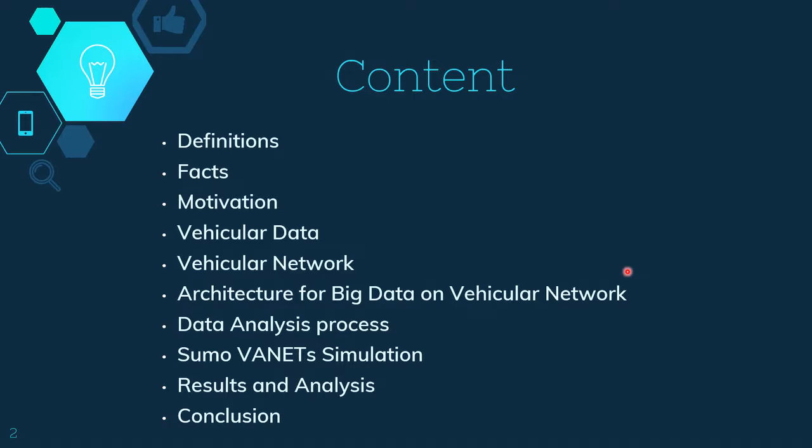We're going to talk about the different types of vehicular data, what a vehicular network is, and then the architecture for how big data can influence vehicular networks. Then Santiago will be talking about the data analysis process, VANET simulations, results and analysis, as well as the conclusion.